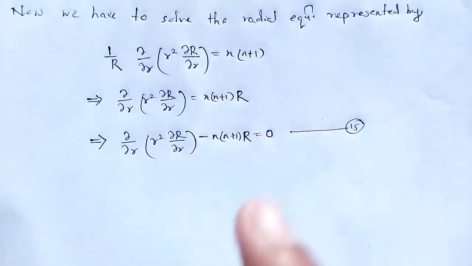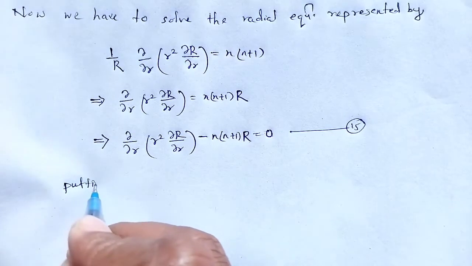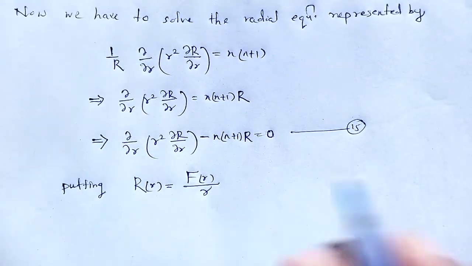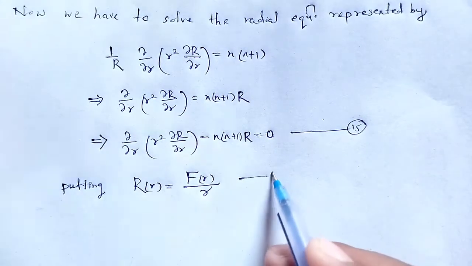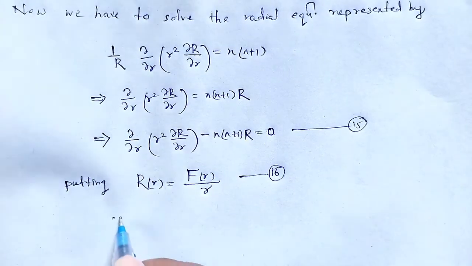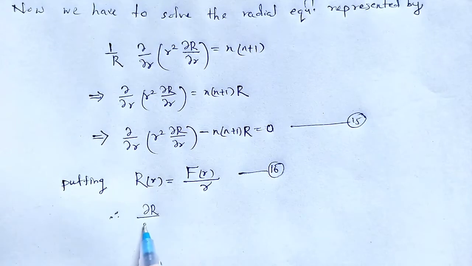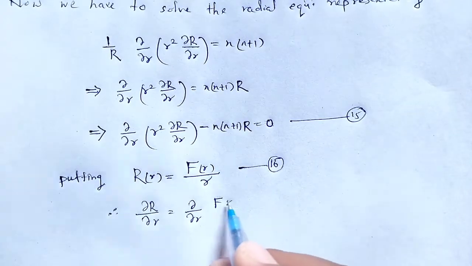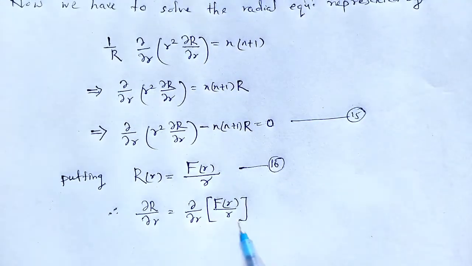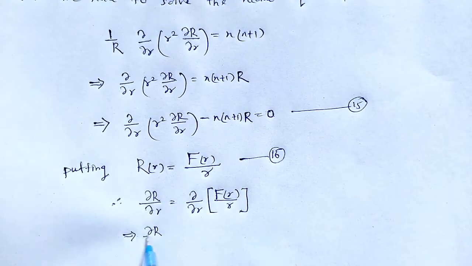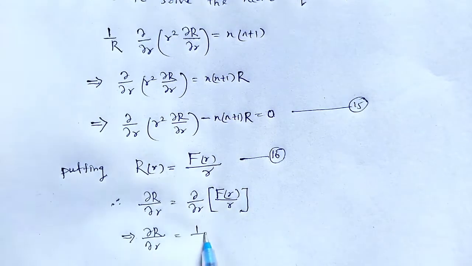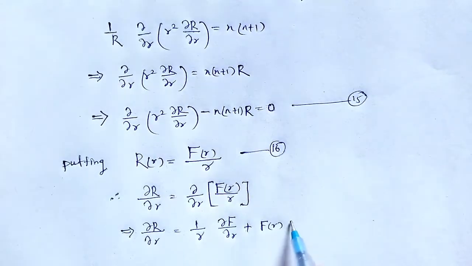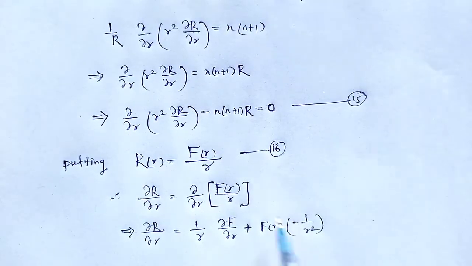Now putting R of r is equal to f of r divided by r, therefore we can write del R by del r as del by del r of f of r divided by r, which implies del R by del r is equal to 1 by r del f by del r plus f of r into minus 1 by r square, the differentiation of the term.